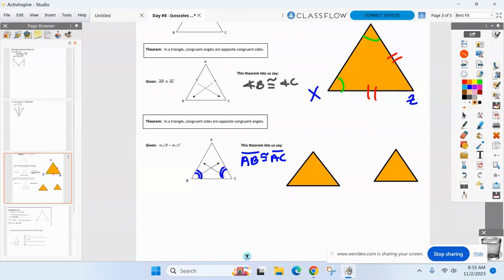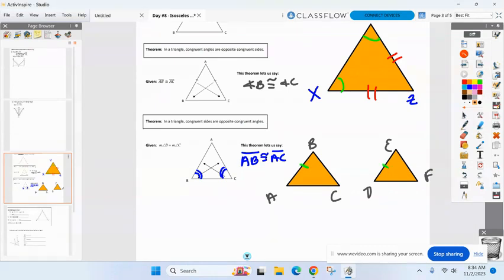I want to make one thing clear here. What I just showed you only happens in a single triangle, not two different ones. Watch. A lot of students will start using this way, which is not the way to use it. Okay, everyone see I have two separate triangles. Let's say AB is congruent to DE.